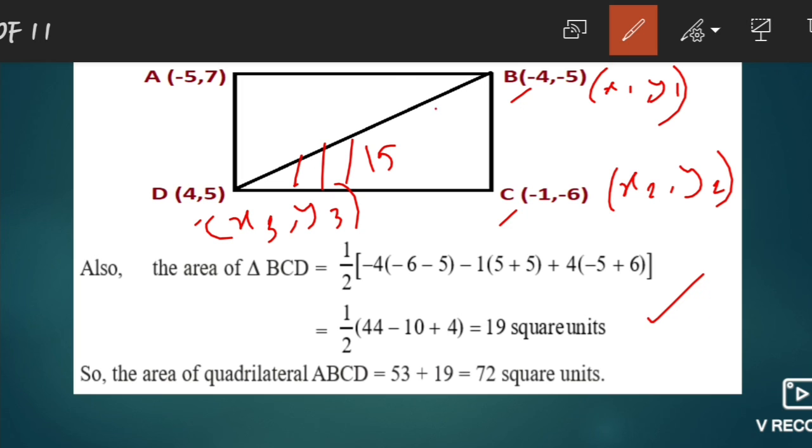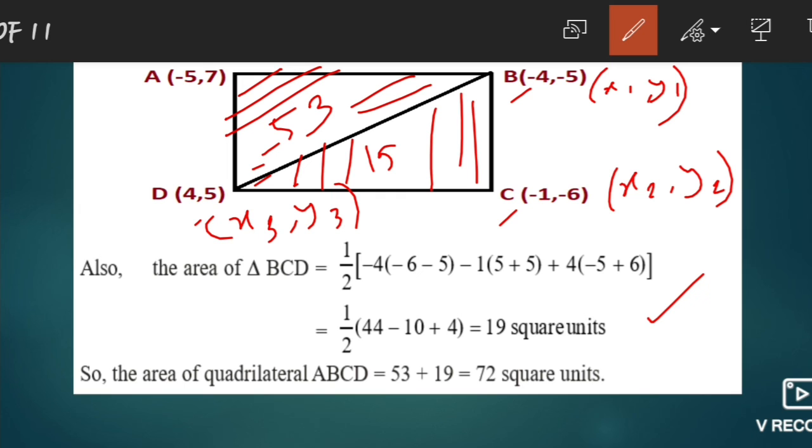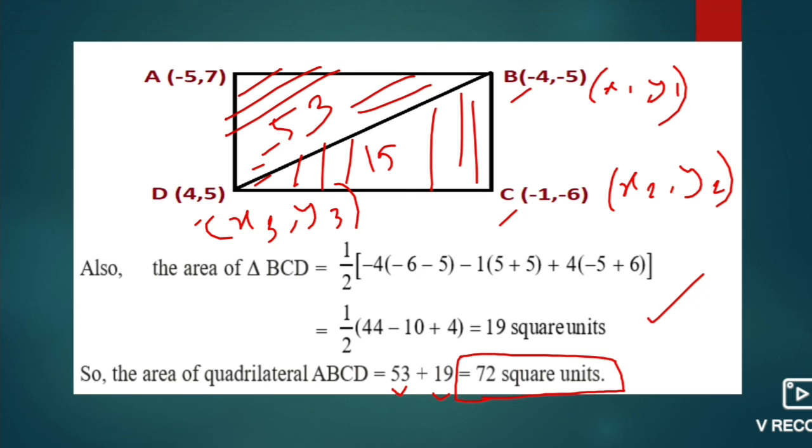So this part is 19 square unit, and this part is 53 square unit. That means the area of the whole quadrilateral ABCD will be the sum of the areas of ABD and BCD. So that is 53 plus 19, which is 72 square unit. The area of the quadrilateral ABCD will be 72 square unit. In this way you have to solve this type of question.